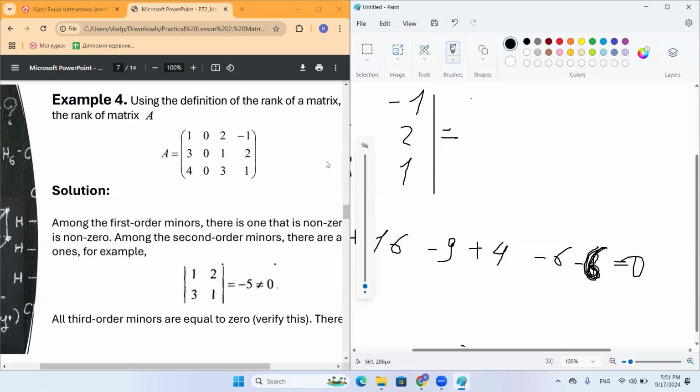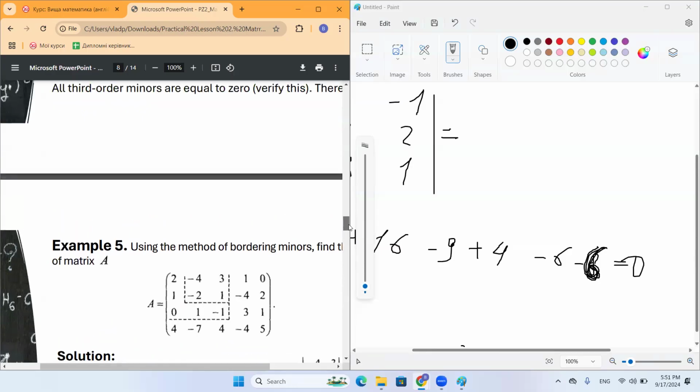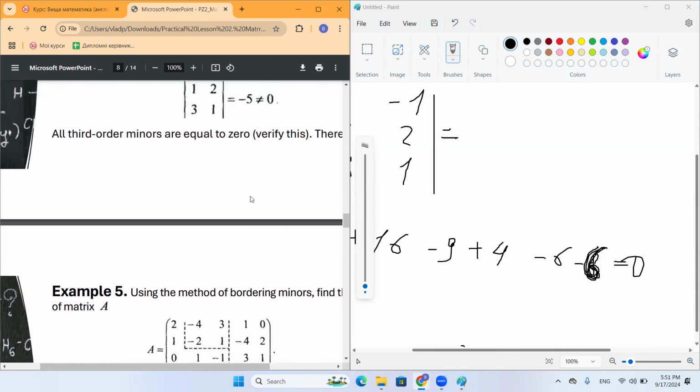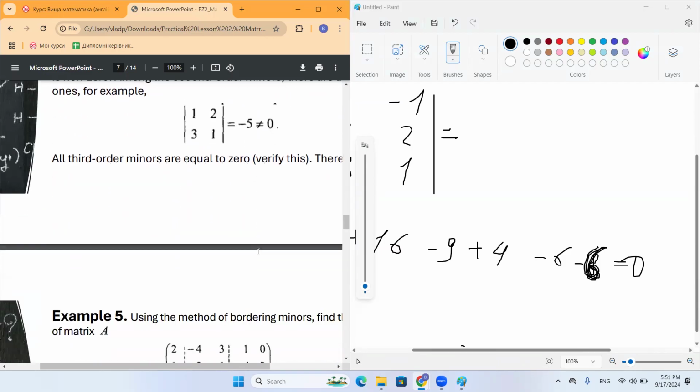And what I was telling you about before is actually the method of bordering minors. So instead of selecting any of them, what is the idea?